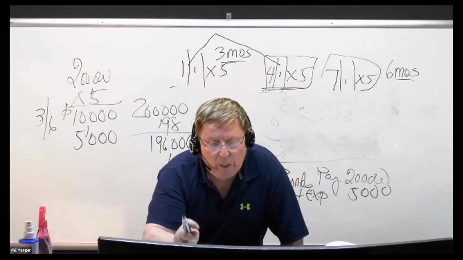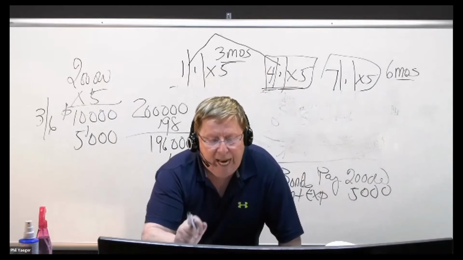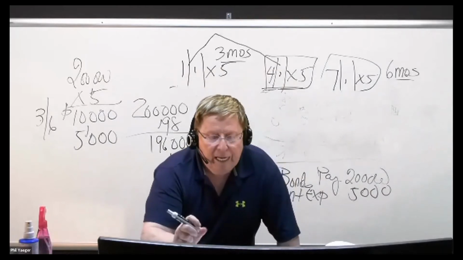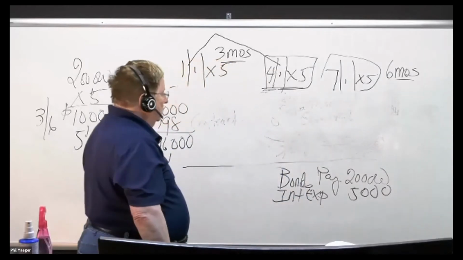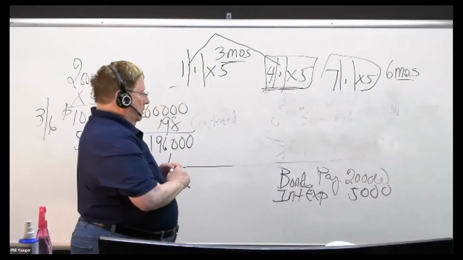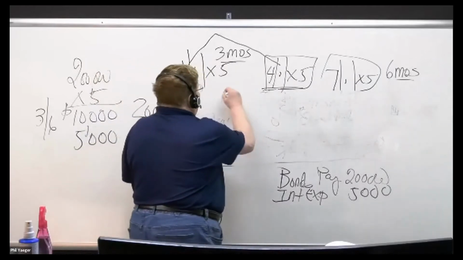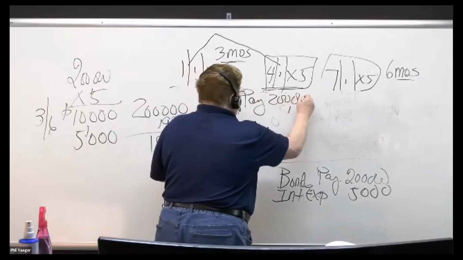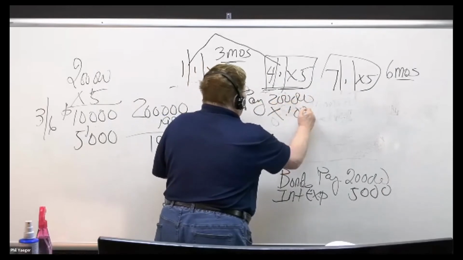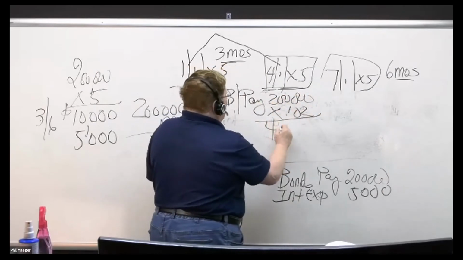Now we issued the bonds at 98%. Is there a discount on the bonds? Yes. 2% is the discount, right? 2% of 200,000 is what? $4,000.